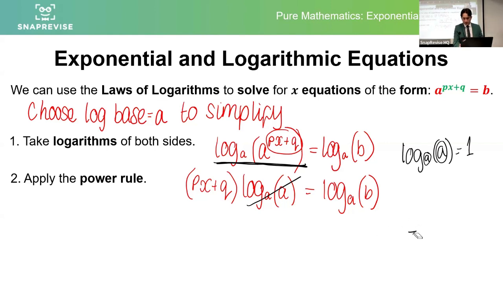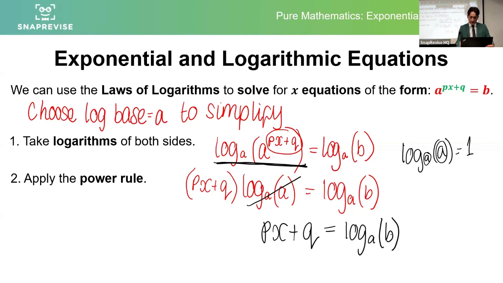So now we're at this nice stage where we've got px plus q, times 1, equals log a of b. And our aim is to make x the subject.